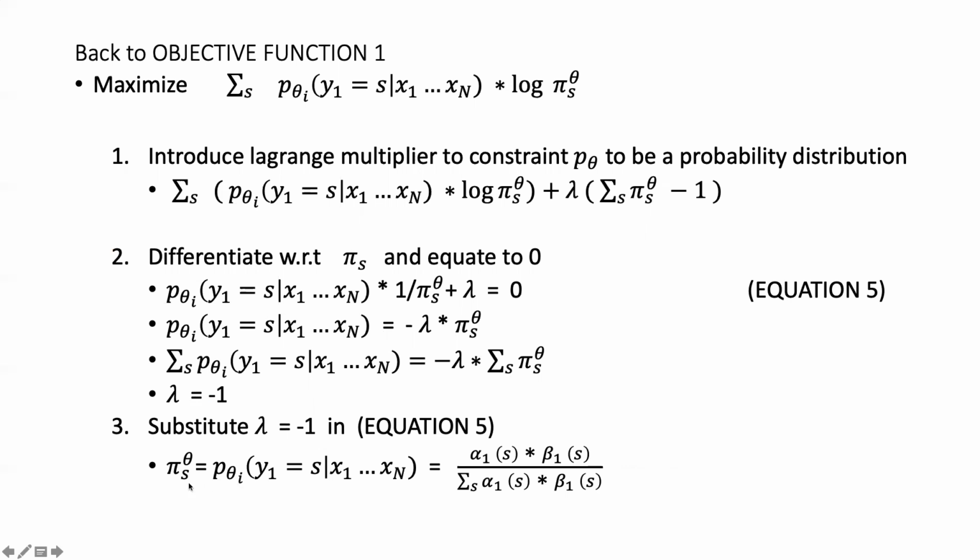So the initial estimate is given by alpha 1 of s times beta 1 of s divided by the normalizing constant. What this means is that it indicates the expected frequency of being in state s at time t1.